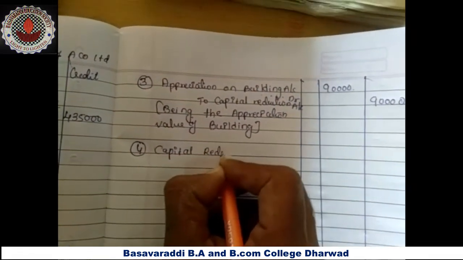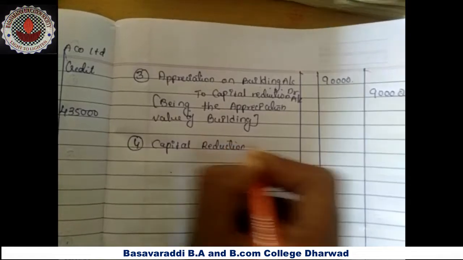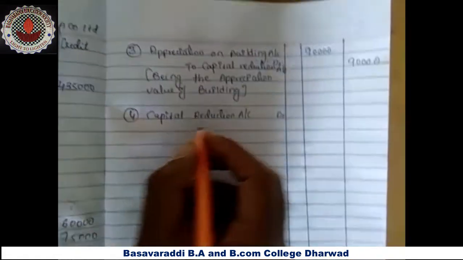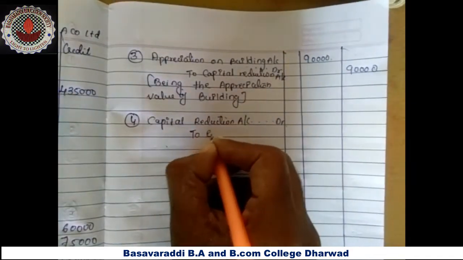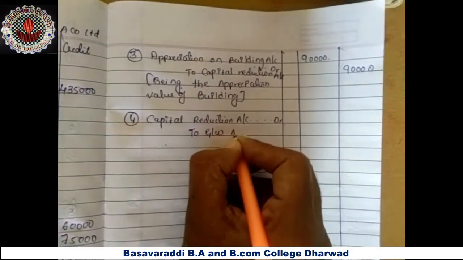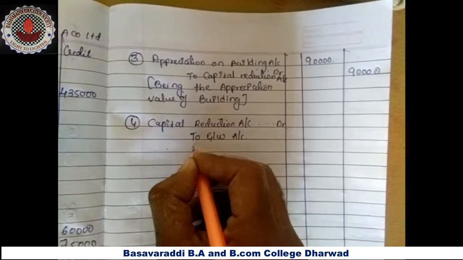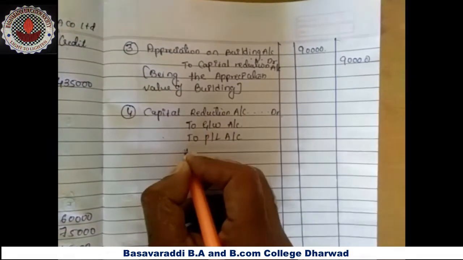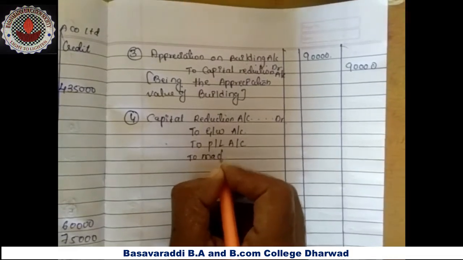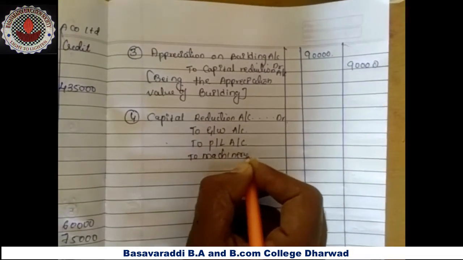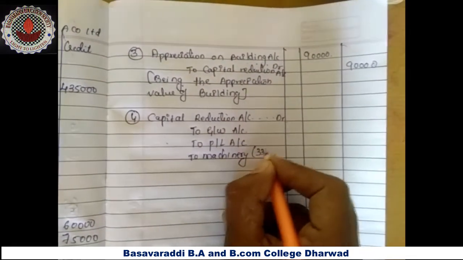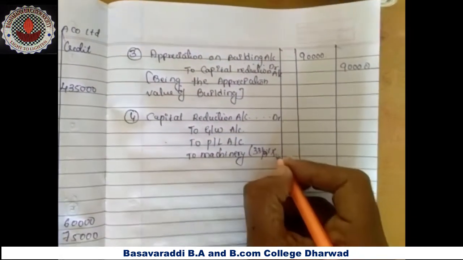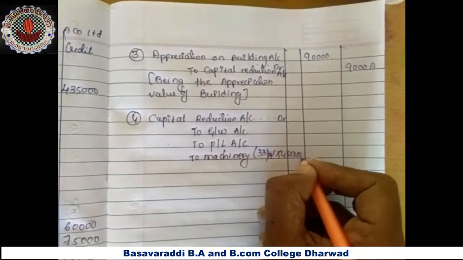Now the fourth entry: capital reduction account debited to goodwill account, to profit and loss account, to machinery account, 33 1/3% into 4,50,000.